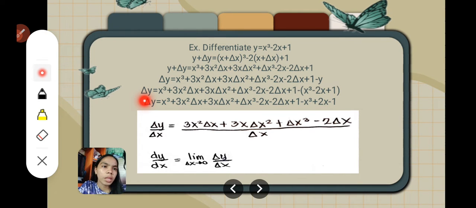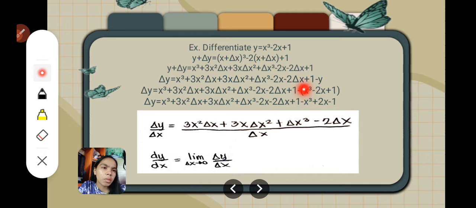Next we write the value of y, so the equation will be delta y equals x cubed plus 3x squared delta x plus 3x delta x squared plus delta x cubed minus 2x minus 2 delta x plus 1, and then minus the quantity x cubed minus 2x plus 1.